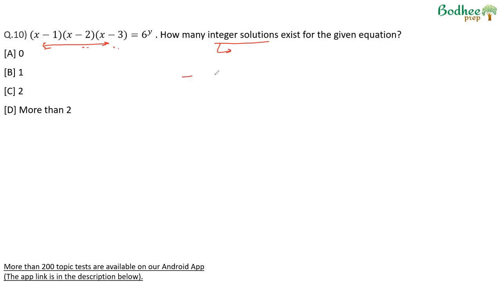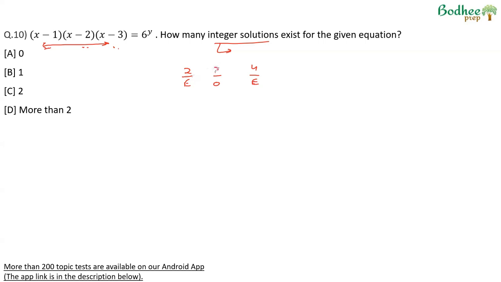Next, since there are three consecutive numbers, if the numbers are even, odd, even, in this case we will have a multiple of 4, and then there will be an odd multiple.